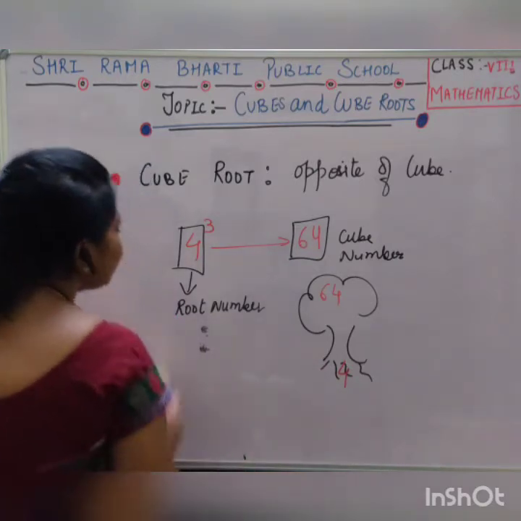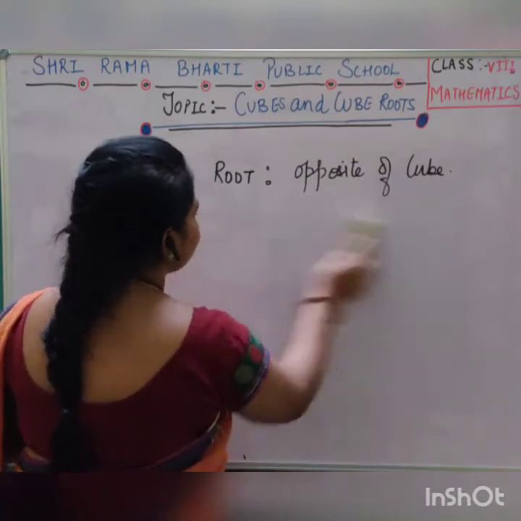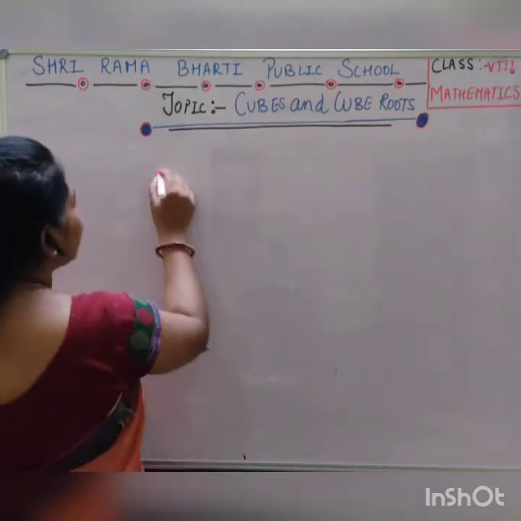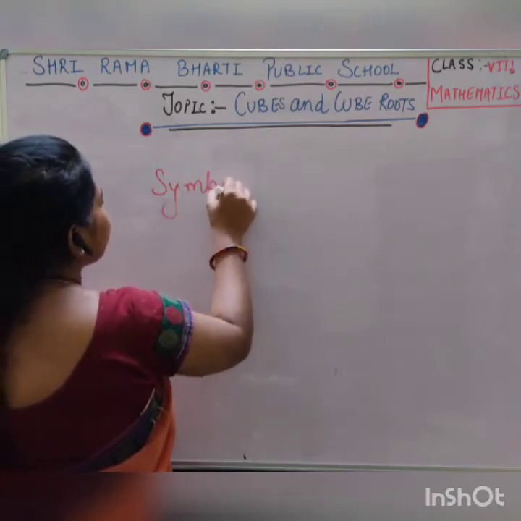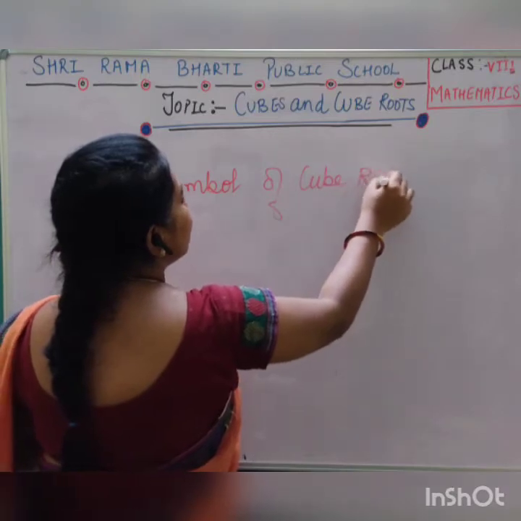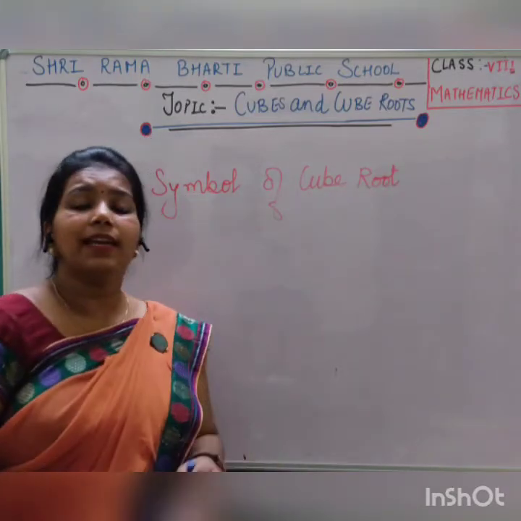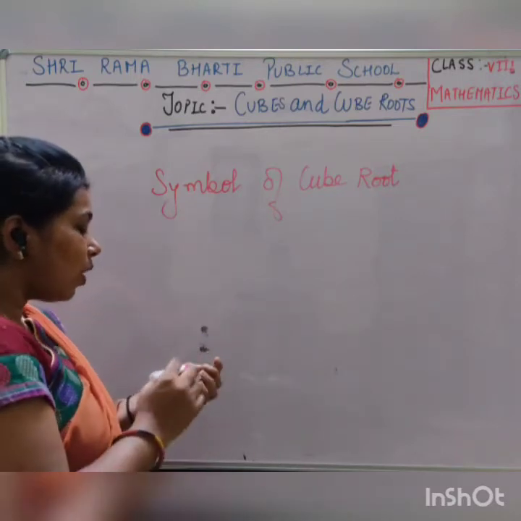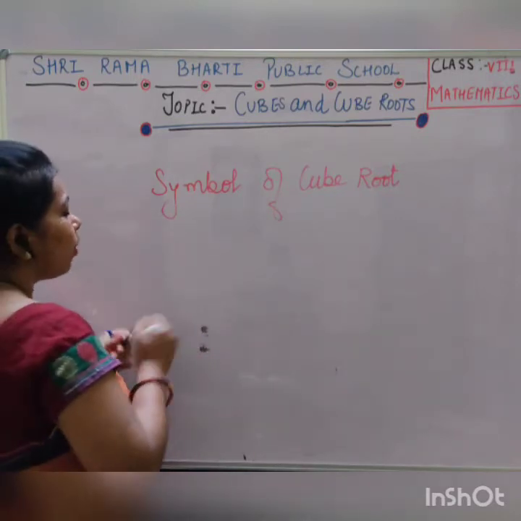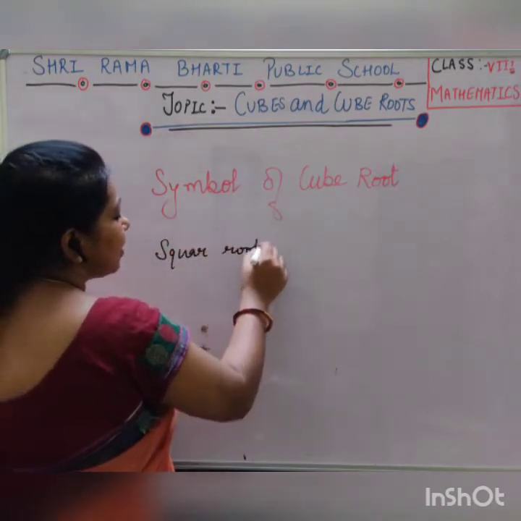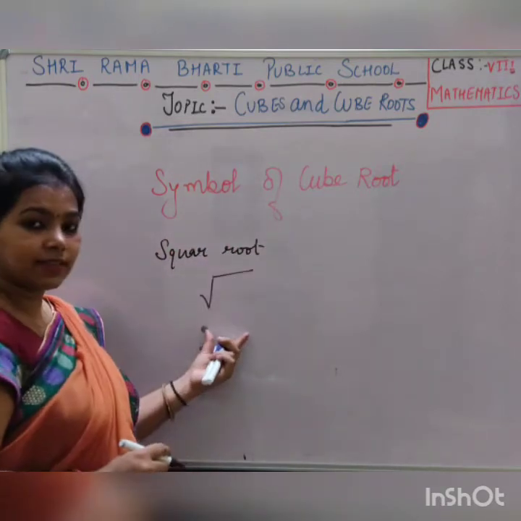Now, let's talk about the symbol. The next thing, symbol of cube root. Similarly as we have done in square root, the same way we will do it here. We all know the symbol of square root is this.